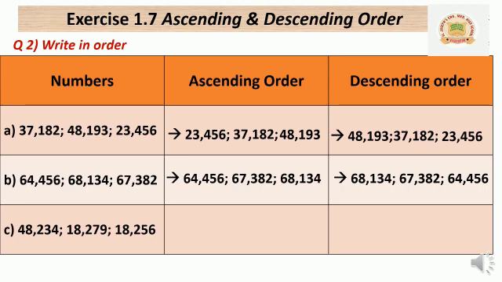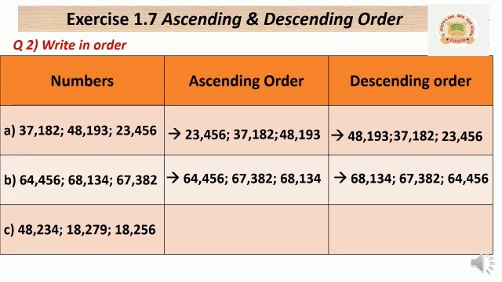Let us do the C question. That is the last question. 48,234, 18,279, 18,256. Now 48,000 itself is telling us it's the biggest number among these three. Now only two numbers are left. Let us compare the remaining two numbers. 18,000 is equal to 18,000. 200 is equal to 200. 70 is greater than 50. So which is the smallest number here? 18,256.